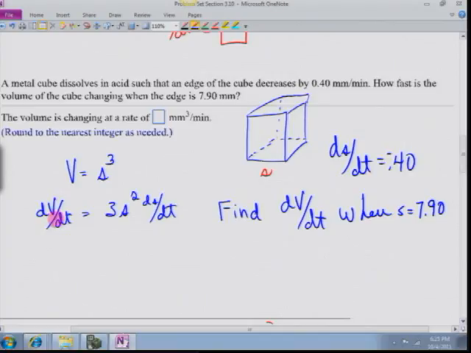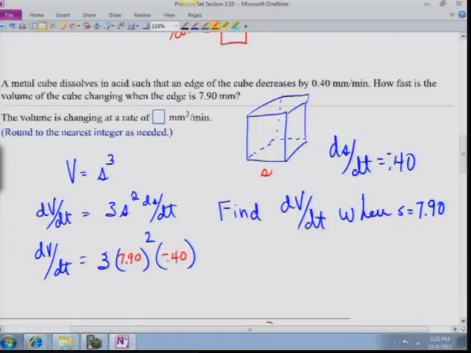We're asked to find this when s is 7.90. And we know what this is, right? Okay. So, let's fill in. dV/dt equals 3. S is 7.90. And ds/dt is negative 0.40.